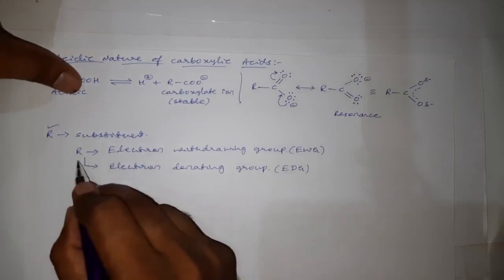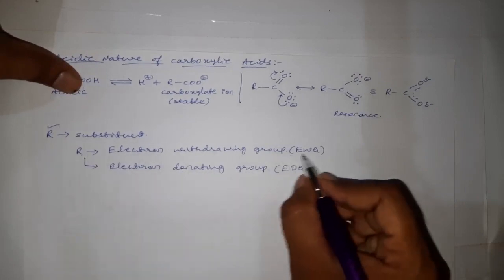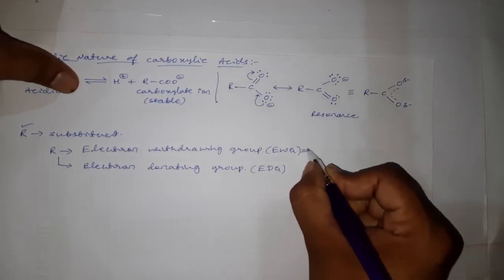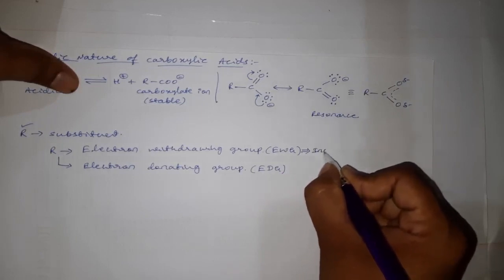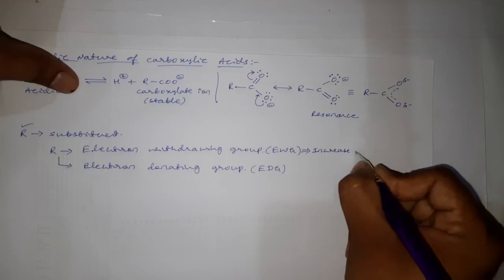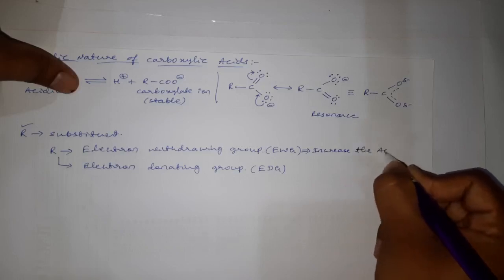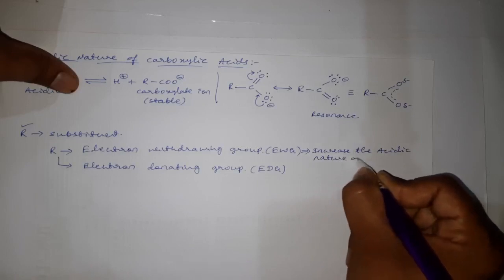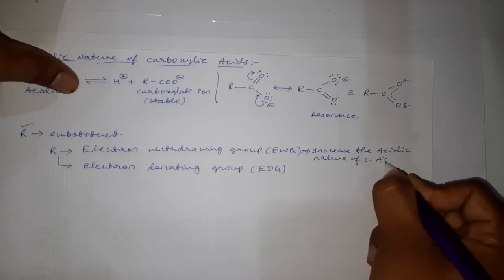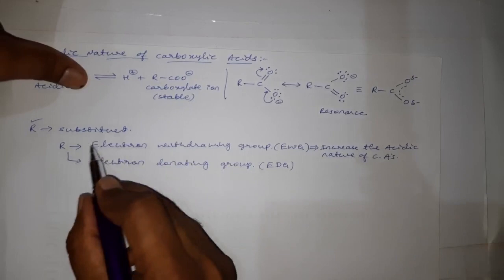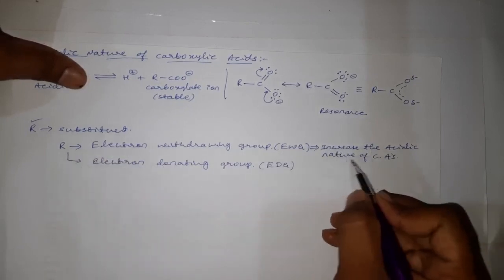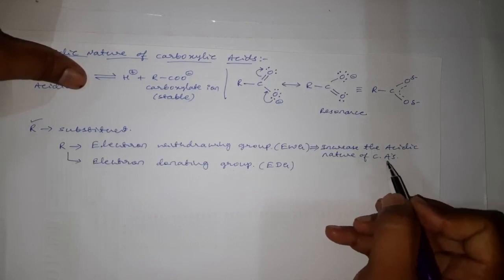If the substituent R is an electron withdrawing group, then it will increase the acidic nature of carboxylic acids. If the attached substituent is an electron withdrawing group, it will increase the acidic nature of carboxylic acid.